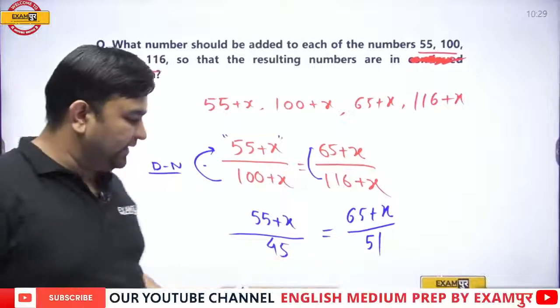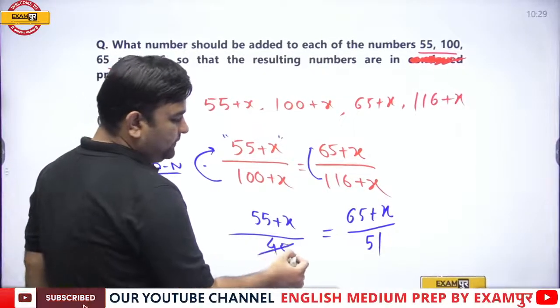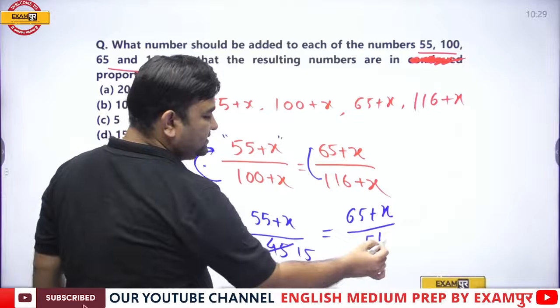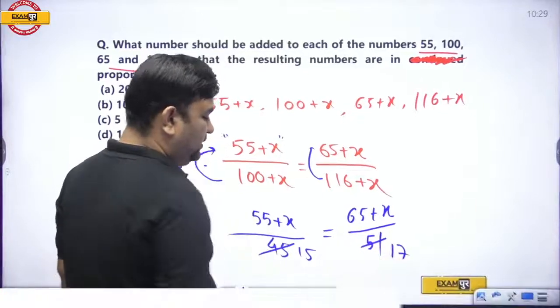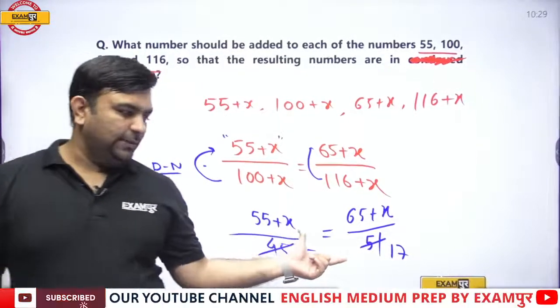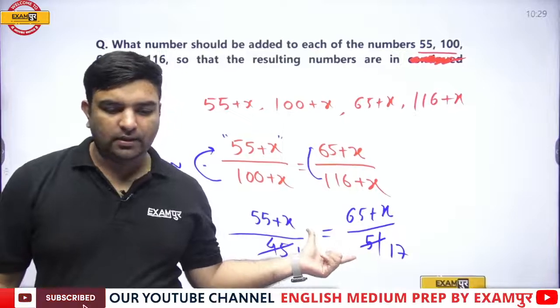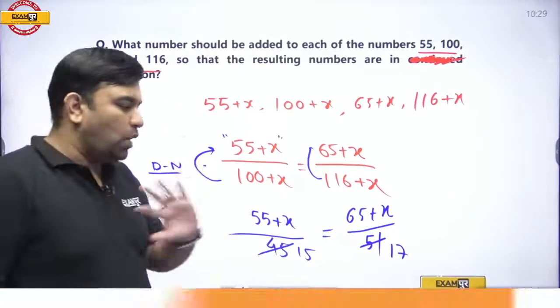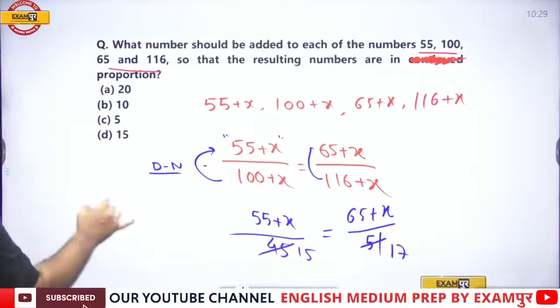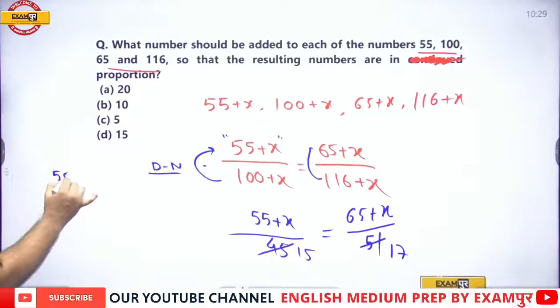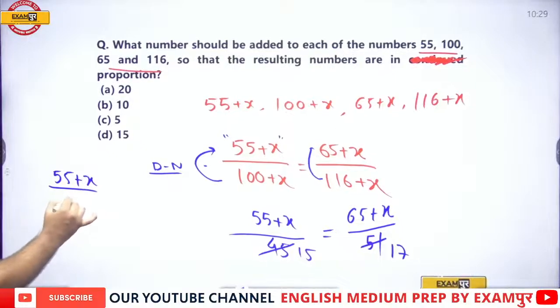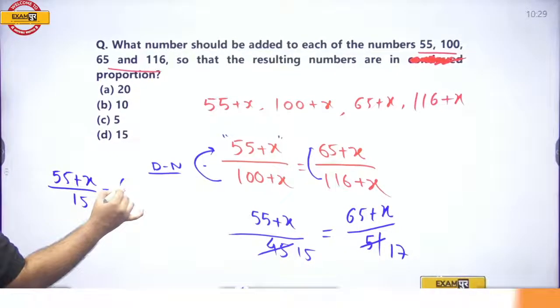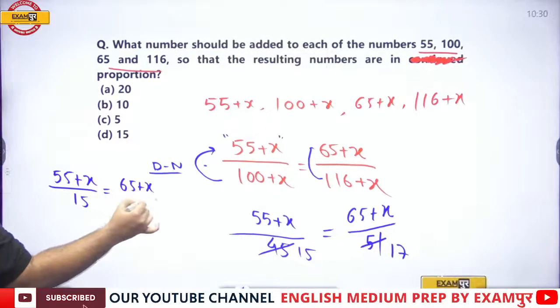Simplify them, guys. 15 times, 17 times. This much multiplication is still needed, however we have shortened it a lot. So 55 plus x upon 15 should be equal to 65 plus x upon 70.